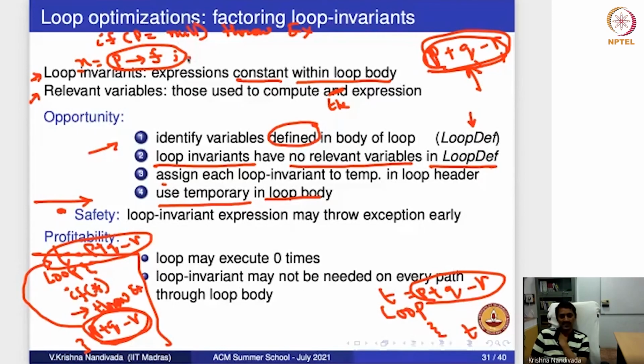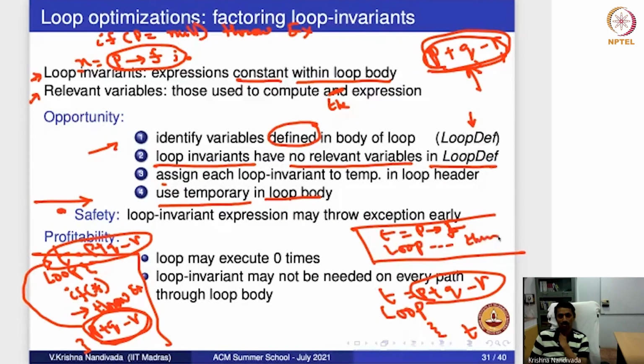If I move this thing outside the loop, what will happen? The code will be T equal to P arrow F, then loop. Somewhere here I have a throw followed by X equal to T. If P is null, what will happen? This will be a seg fault.